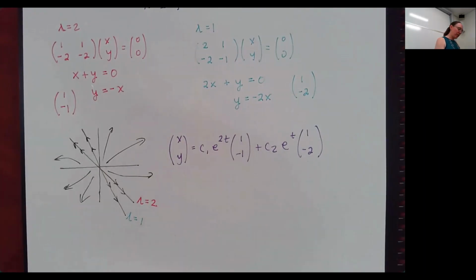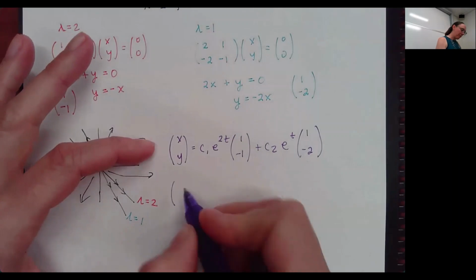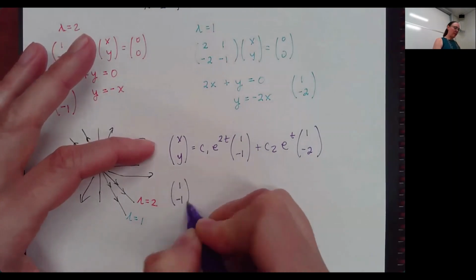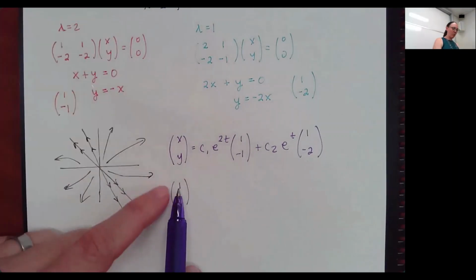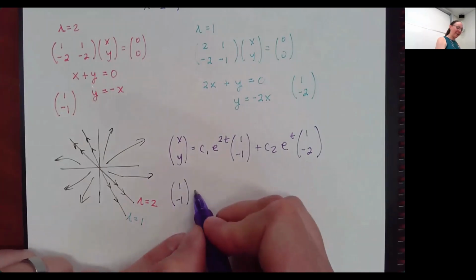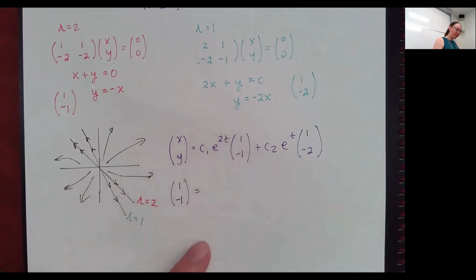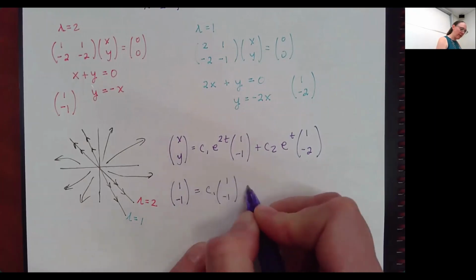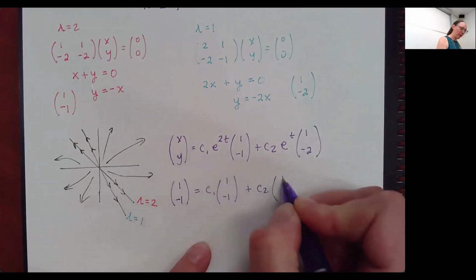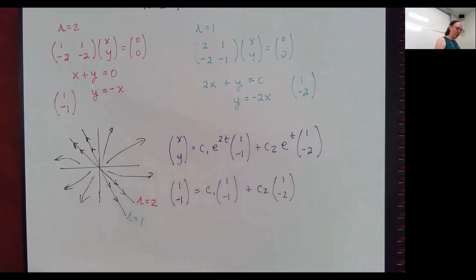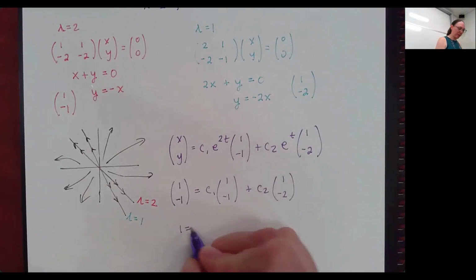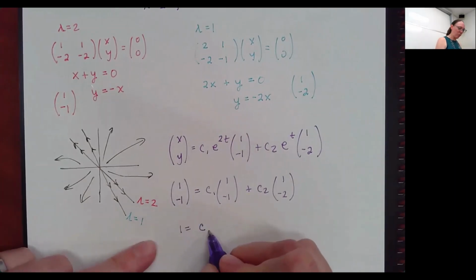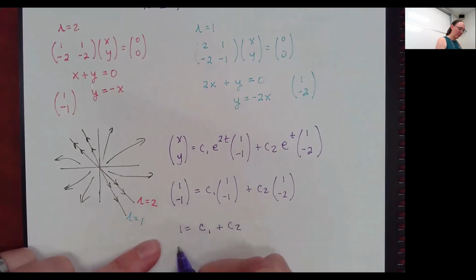So for the initial condition, x equals 1, y equals -1 when t is equal to 0. I'm going to have c1 times 1, -1 plus c2 times 1, -2. And I'm going to choose to just write that as a system of equations. 1 is equal to c1 plus c2, and -1 is equal to -c1 minus 2c2.